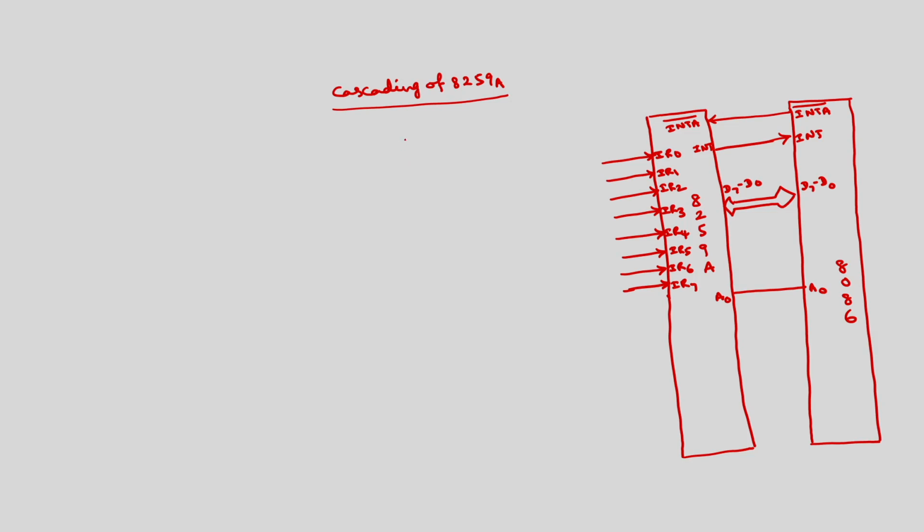Then if I use another 8259A, with this also we will be having 8 different IRs, IR0 to IR7, so we can connect one more.